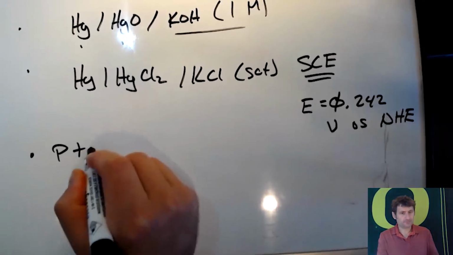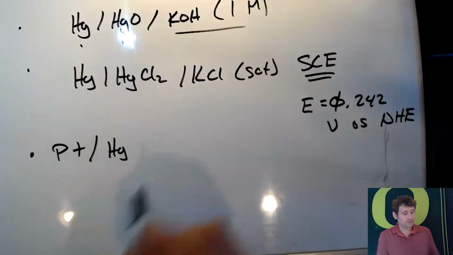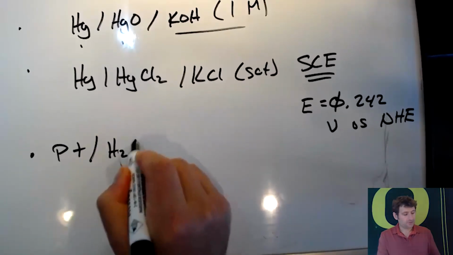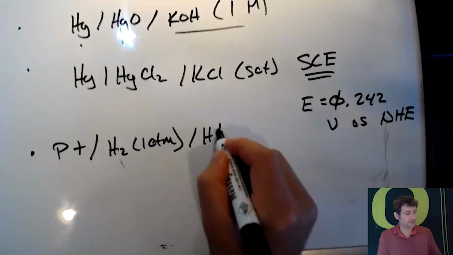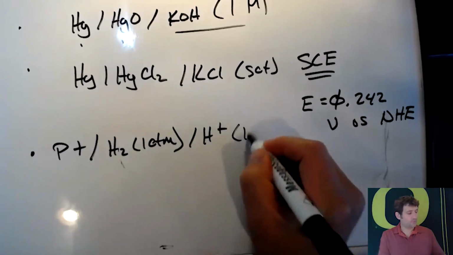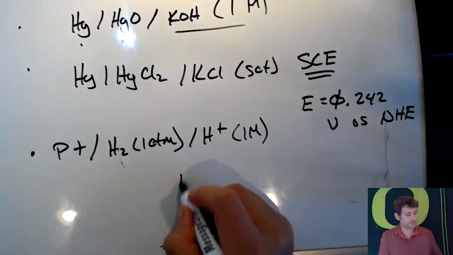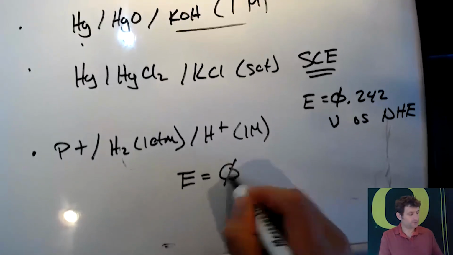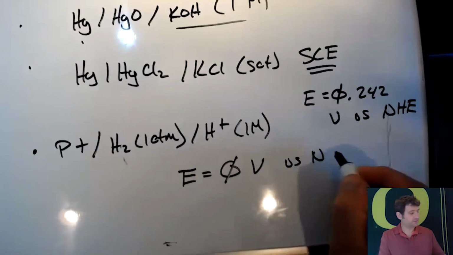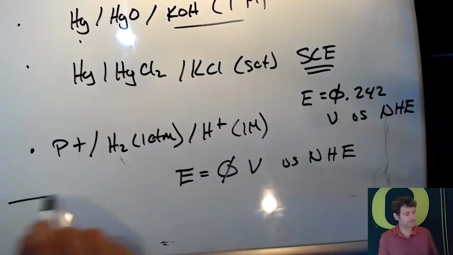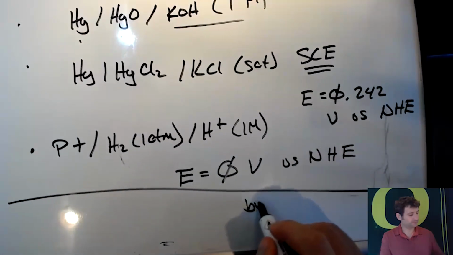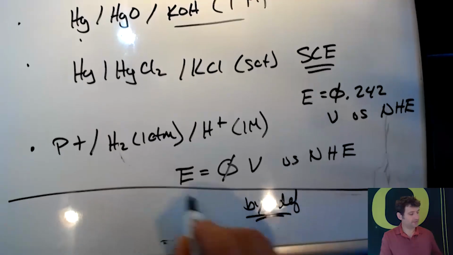But we could write that as platinum in contact with H2 at 1 atmosphere, in contact with H plus at 1 molar. Okay, and this has E, of course, equals 0 volts versus standard hydrogen electrode, which is by definition, right? We define this as 0.